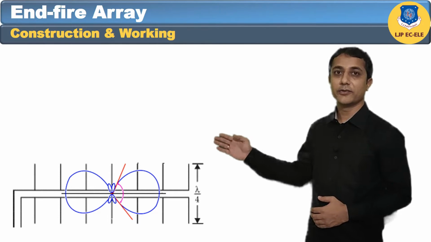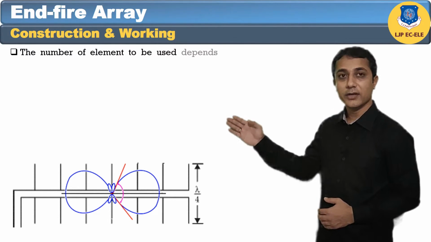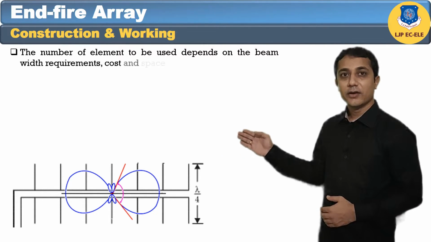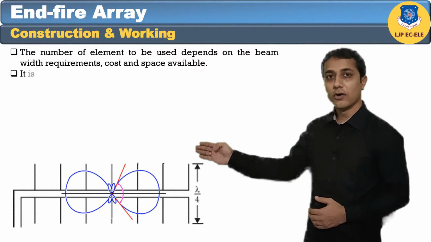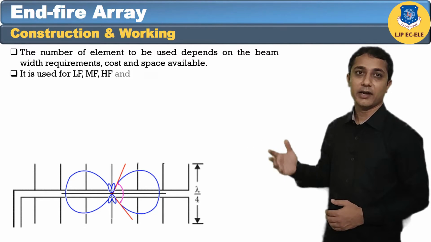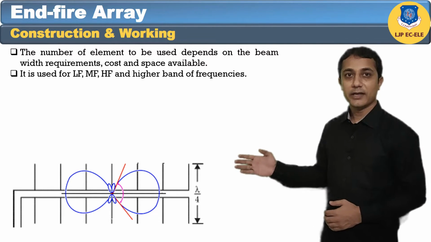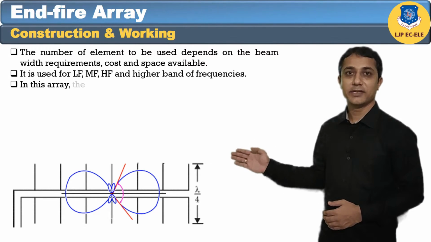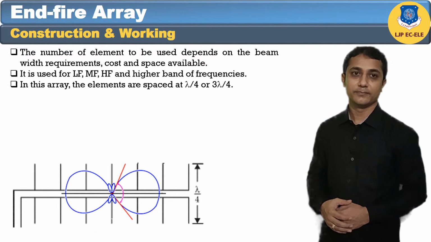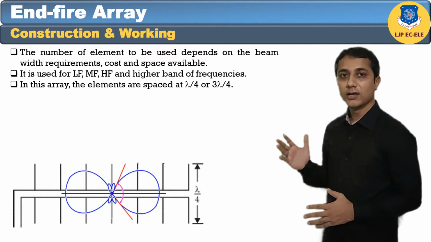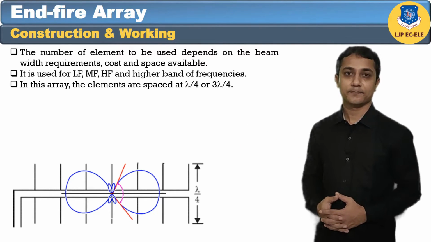The number of elements to be used depends on the beam width, frequency requirement, cost and space available. It is used for LF, MF, HF and higher band of frequency. And in this array, the element spacing is lambda by 4 and 3 lambda by 4. So this is about the end fire array.